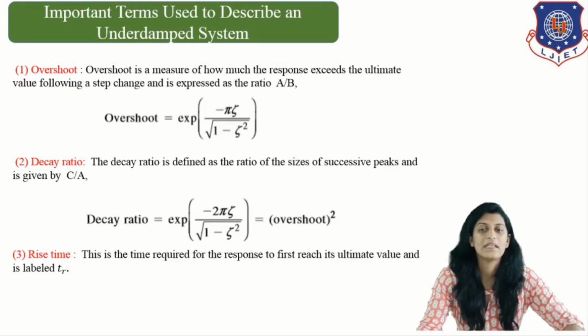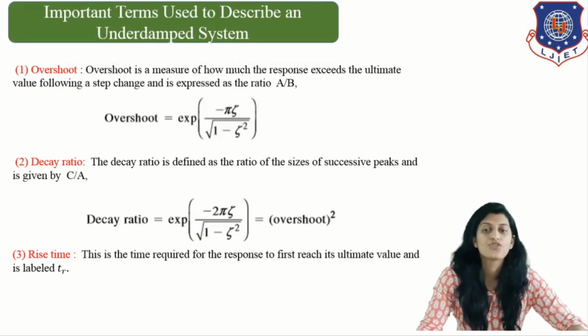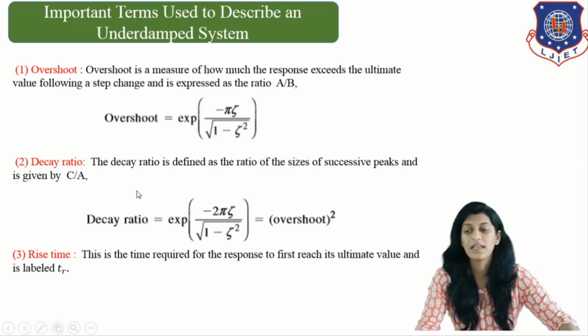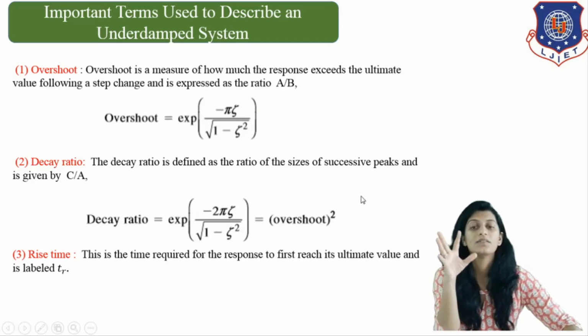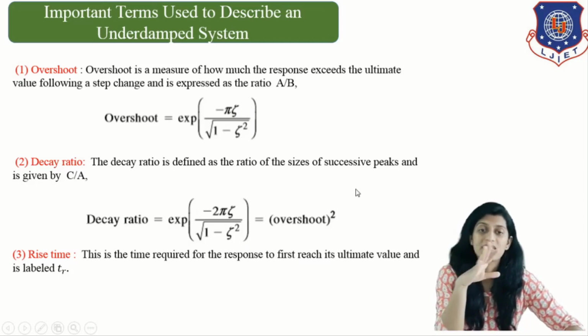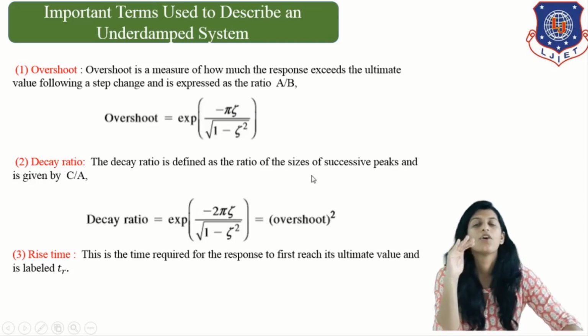The next one is decay ratio. What do we mean by decay ratio? Decay ratio is basically defined as the decay in the size of successive peaks, or the ratio of successive peaks, right.